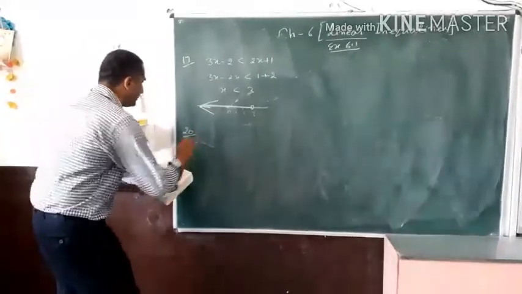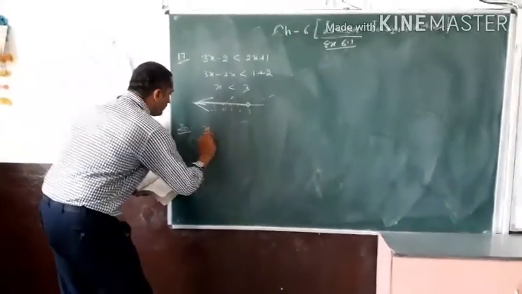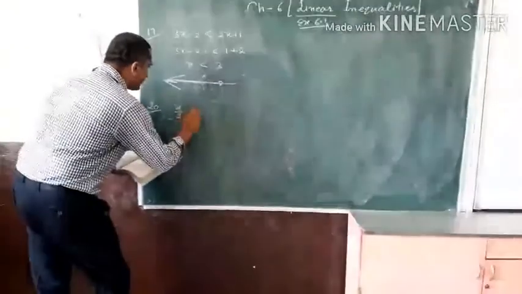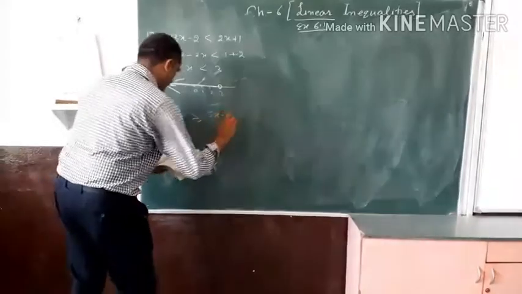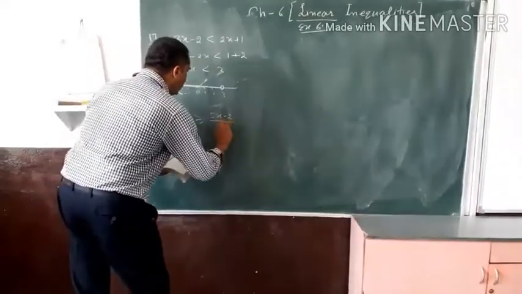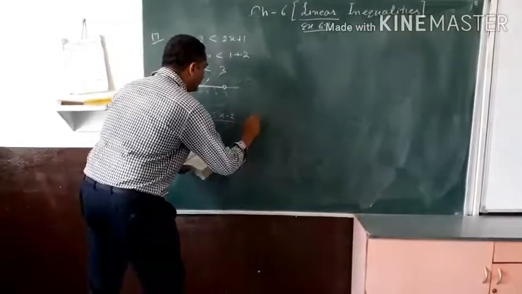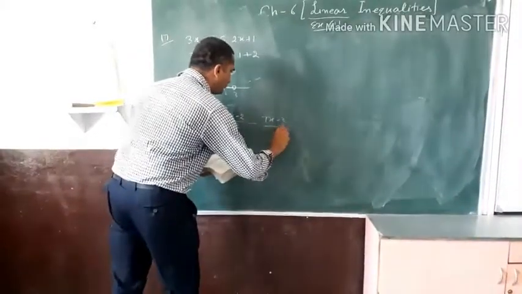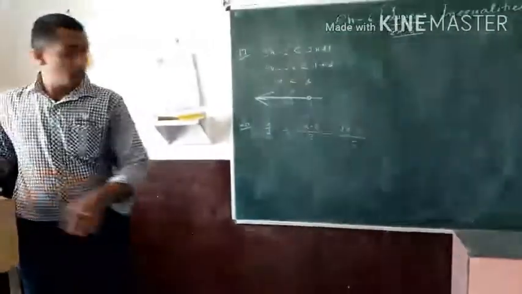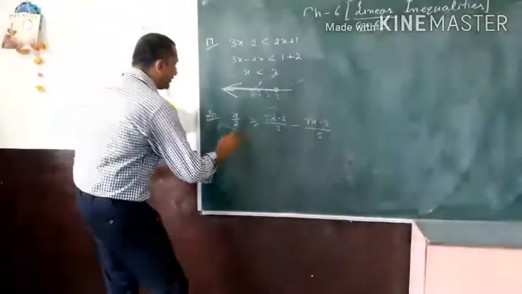In question number 20: x over 2 greater than or equal to 5x minus 2 over 3 minus 7x minus 3 over 5. Solve it by taking the LCM.